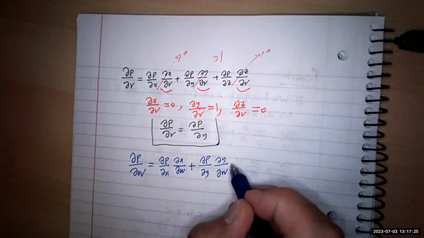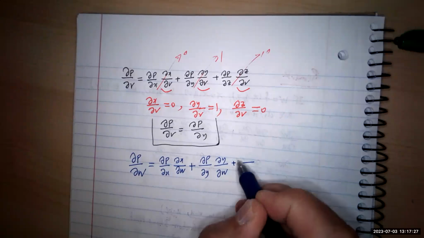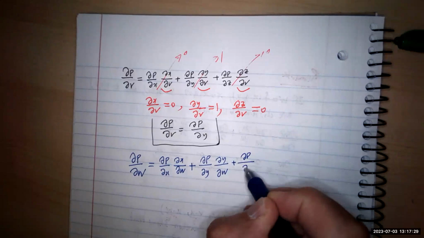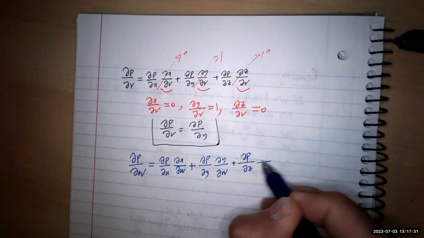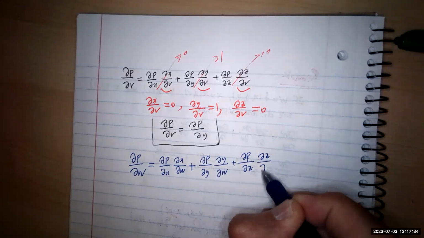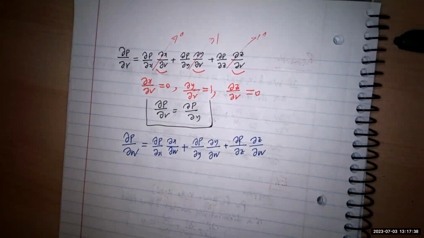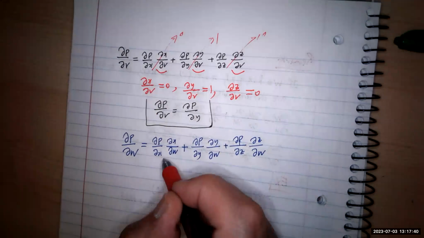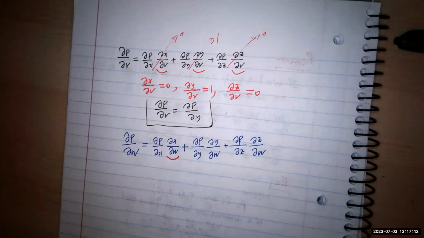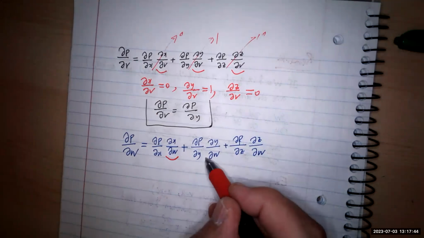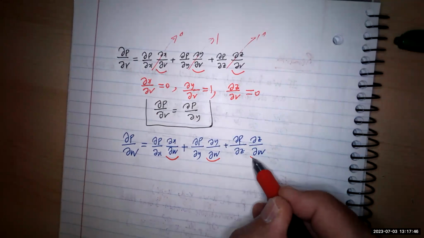Okay, again, a differential form. P is a function of Z, so ∂P/∂Z, but Z is a function of W. Again, you have to check these. Lift up X with respect to W, Y, and Z.